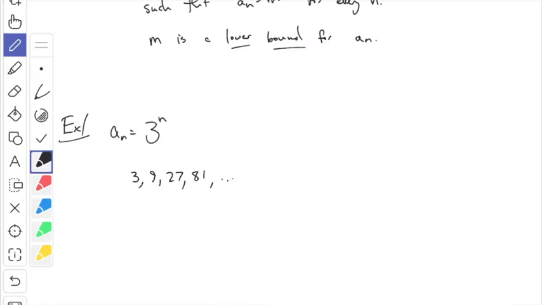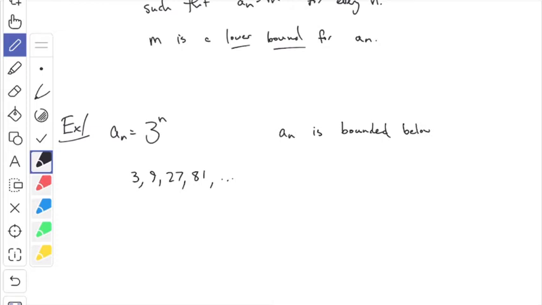I ask you, is it bounded above and is it bounded below? a_n is bounded, actually one of them it is. Yeah, it is bounded below.